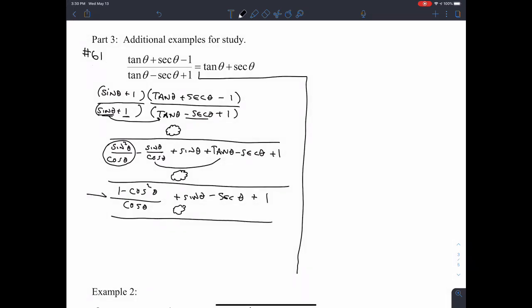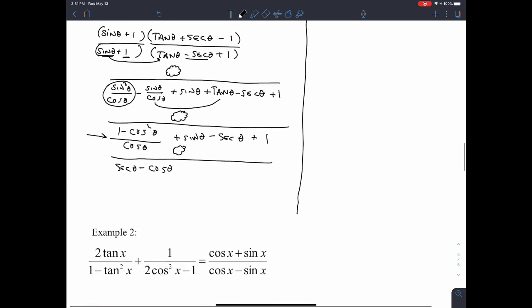This fraction in front becomes secant theta, as I separate it, minus cosine theta. Let me move everything up a bit. Plus sine theta minus secant theta plus 1. And now my secants drop out. I'm going to rewrite my numerator one more time.